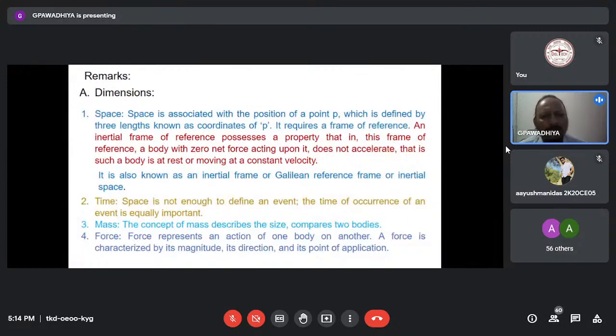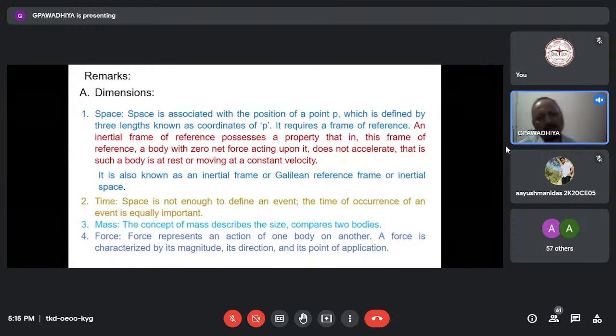An inertial frame of reference possesses the property that in this frame, a body with zero net force acting upon it does not accelerate. If no force is acting on the body, it will not accelerate. That is, such a body is at rest or moving at a constant velocity.